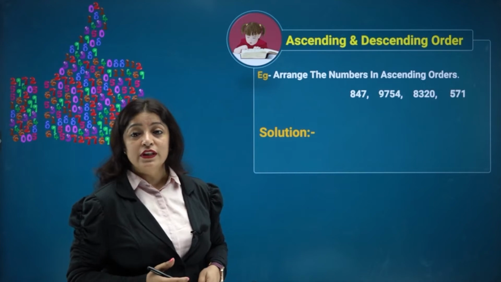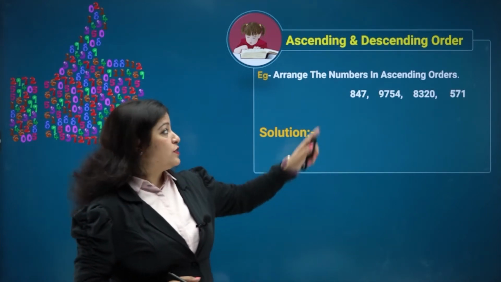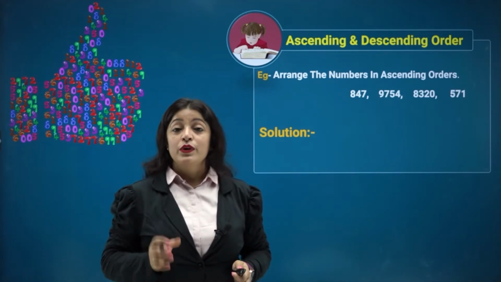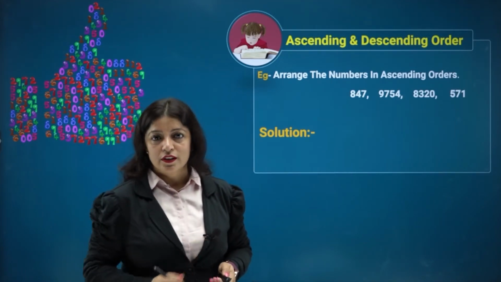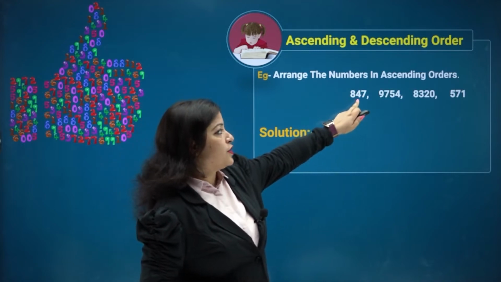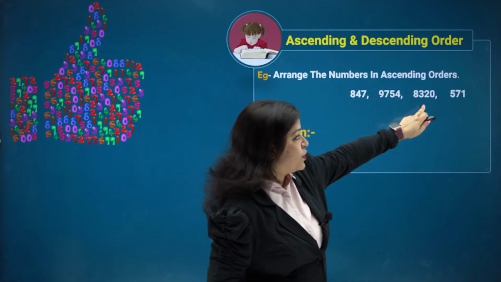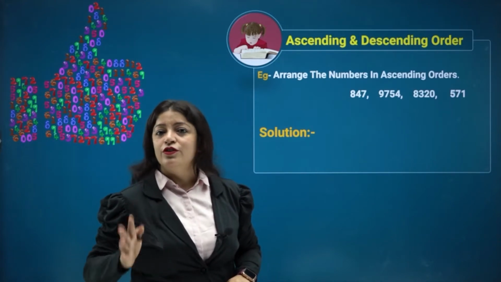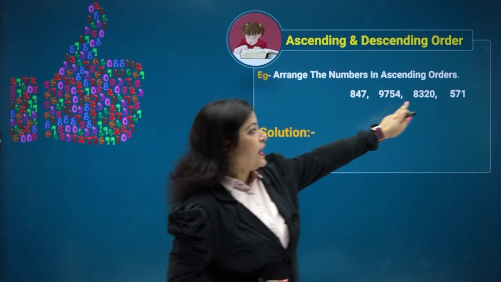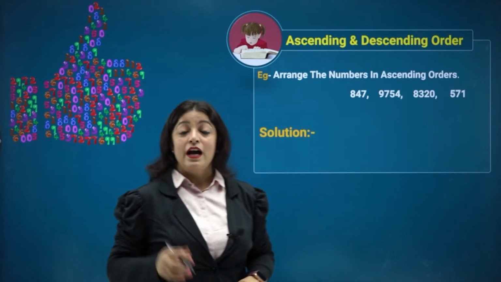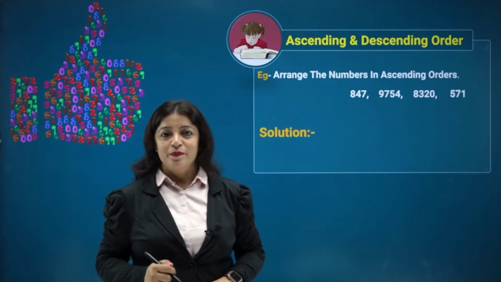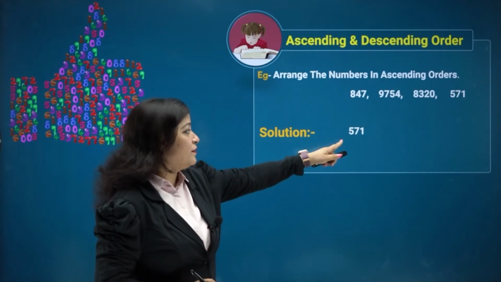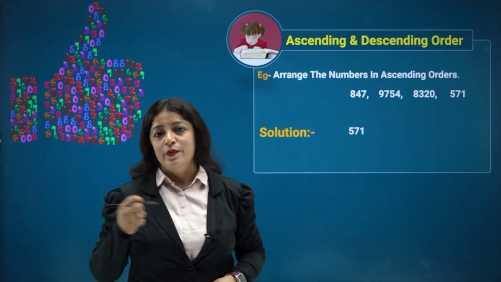So how can we proceed? First of all, we have to find which is the smallest of all these numbers. To start the comparison, we first need to see how many digits there are in each number. This is a 3-digit number, this is a 4-digit number, and this is a 3-digit number. That means there are two numbers having 3 digits, 847 and 571. Which one of them is smaller? Yes, 571 is the smallest number and will be written first in the sequence.